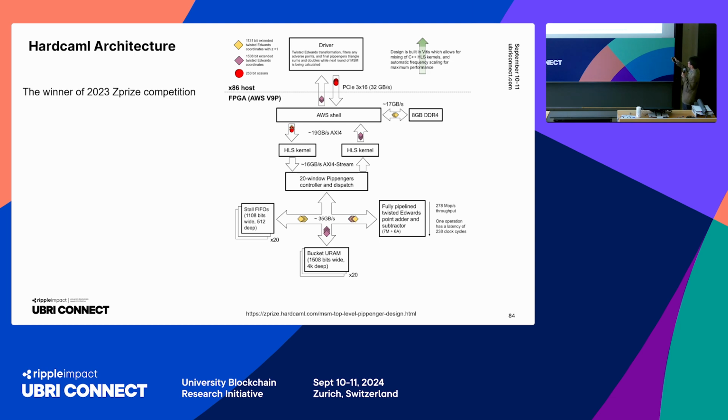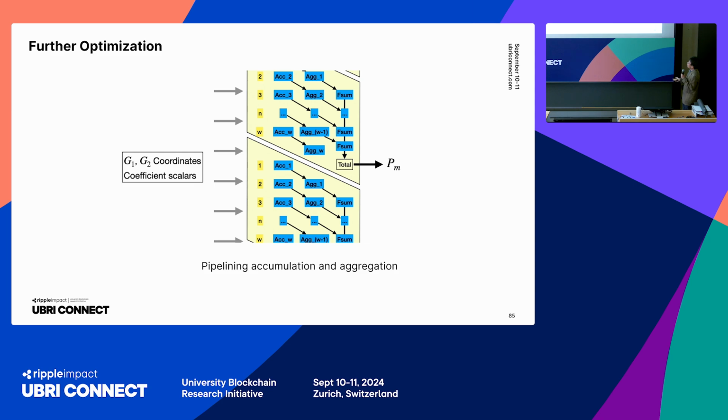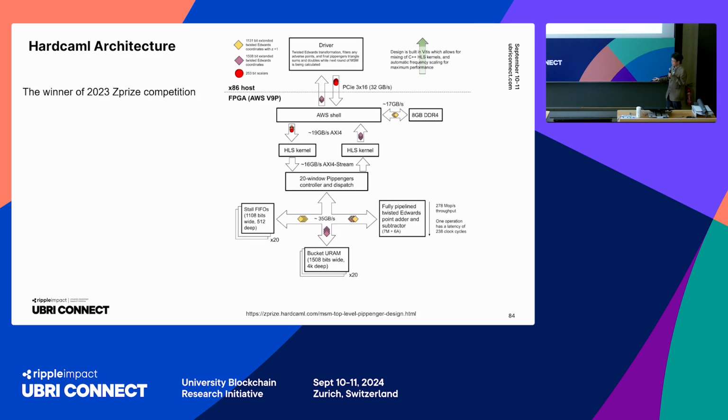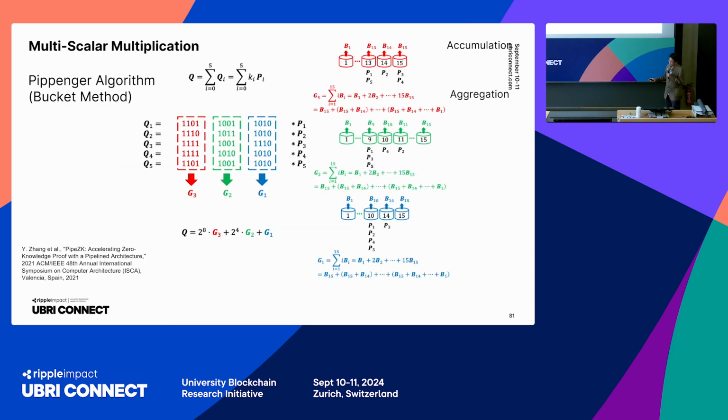And this is what our research group is currently working on. In Pippenger's algorithm, the computation takes steps of accumulation and aggregation for multiple windows. Our key idea is doing the accumulation and aggregation at the same time.